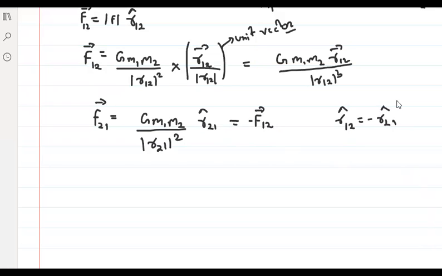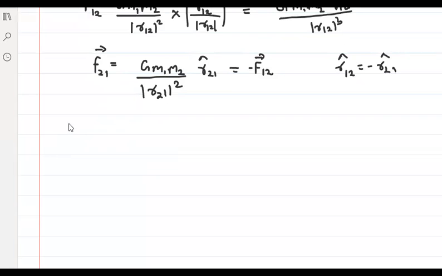Anyone have any doubt till this point? No? Clear? Okay. My second question is, what would be the nature of this force? Attractive, repulsive, both? Think about it. Attractive, right? It is always attractive.